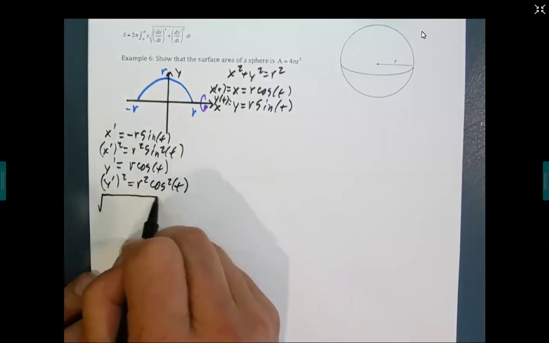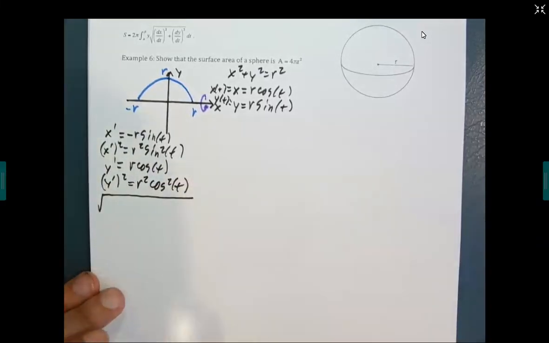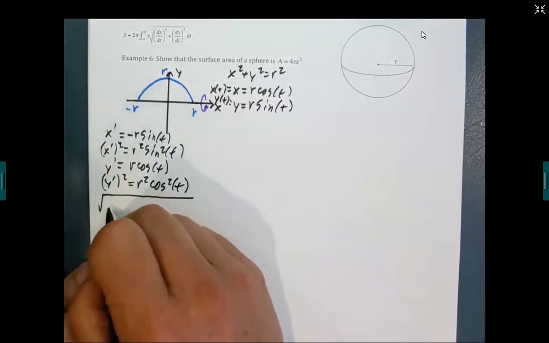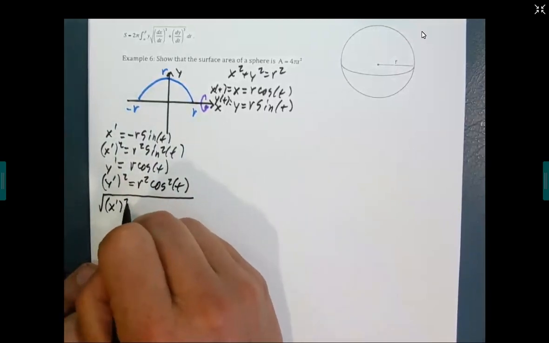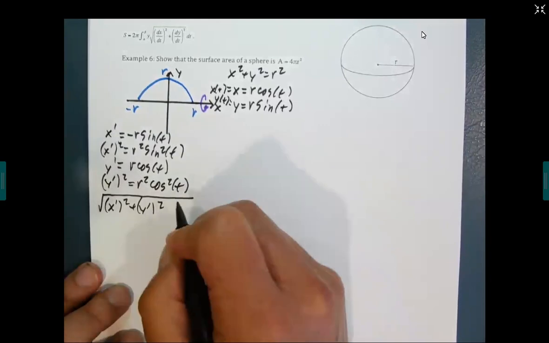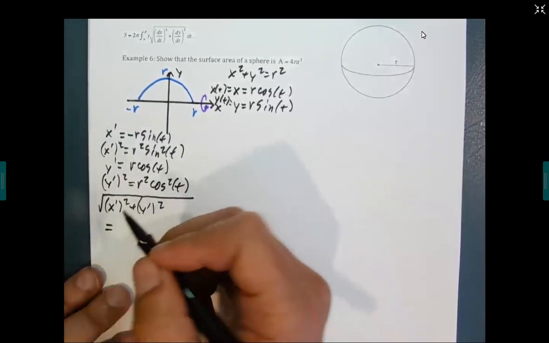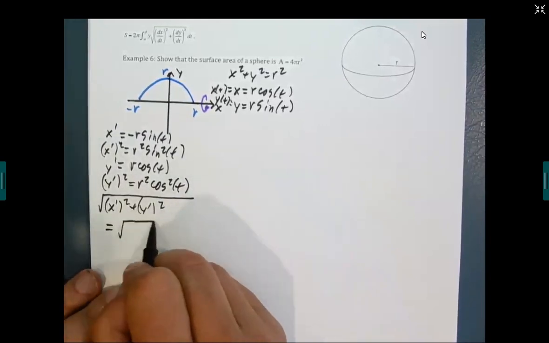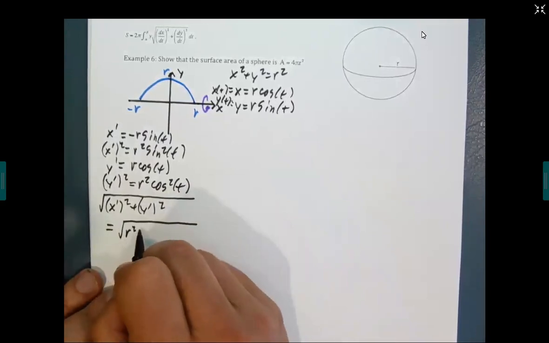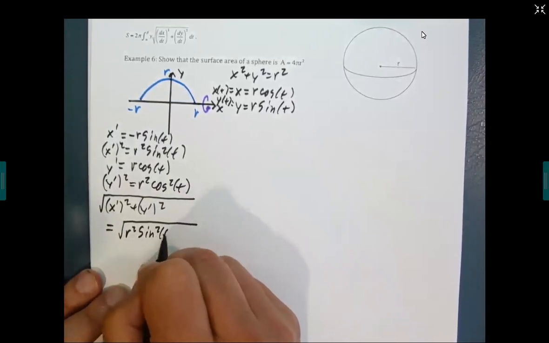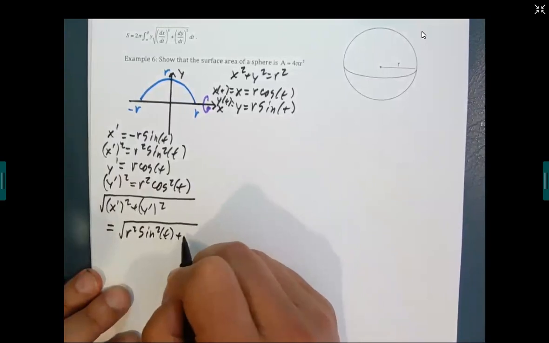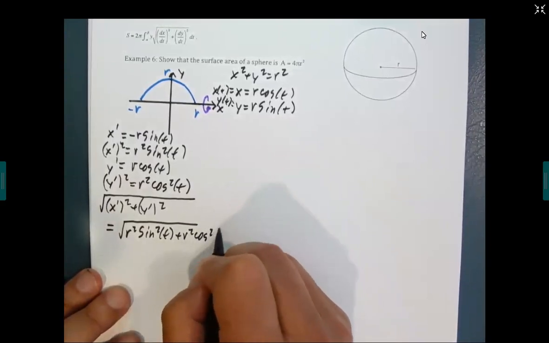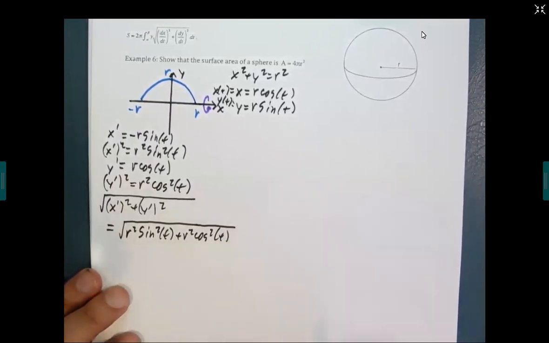So the square root of x prime squared plus y prime squared is going to be square root r squared sine squared t plus r squared cosine squared t.